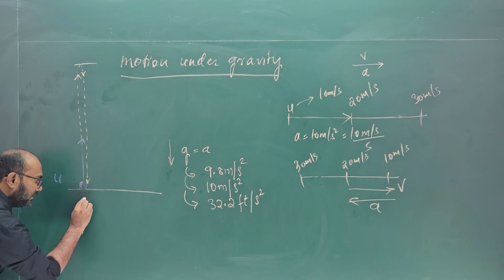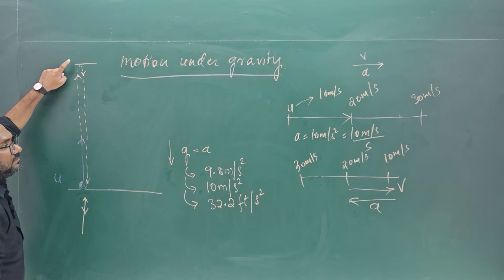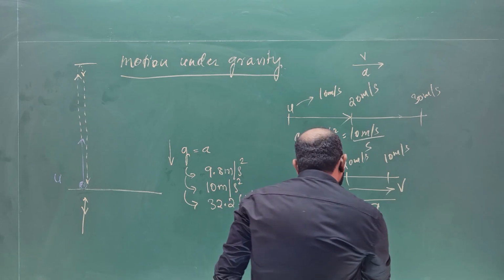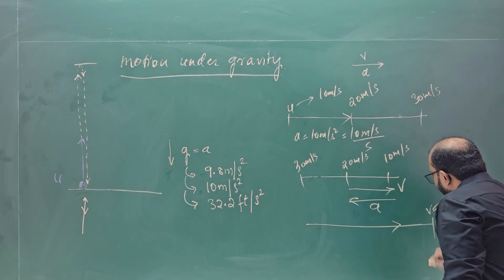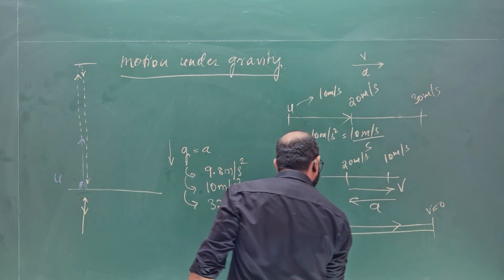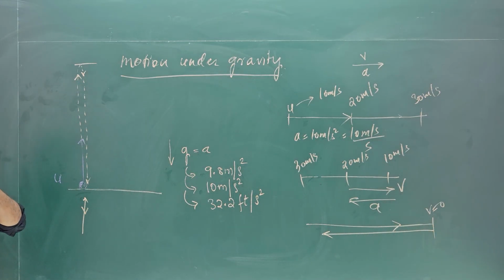First in the upward direction, then again on the same path, it is coming back in the opposite direction. Now, at this point, we also know that whenever the velocity at a particular point becomes 0, the body will retrace its own path. We have seen that. The same thing is happening here.